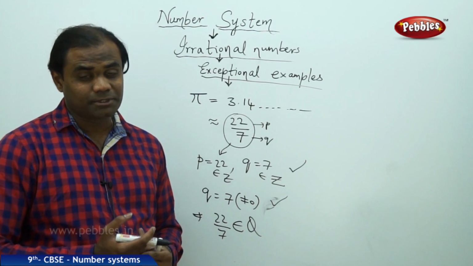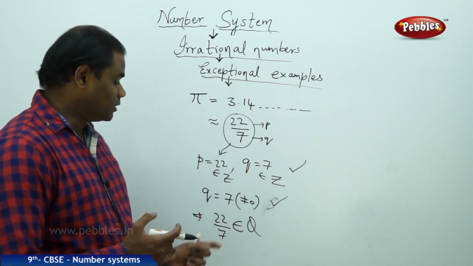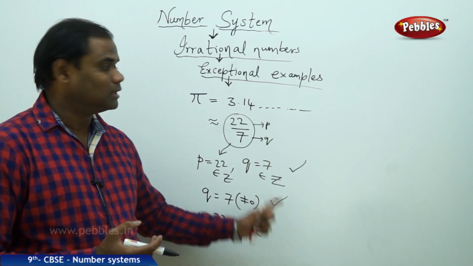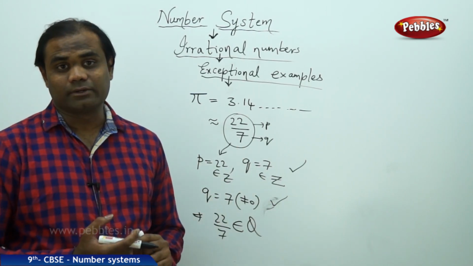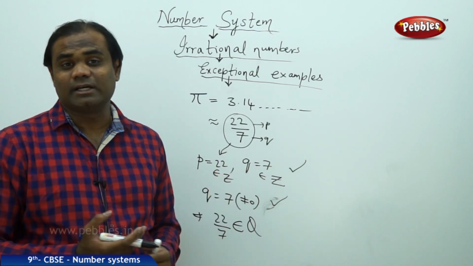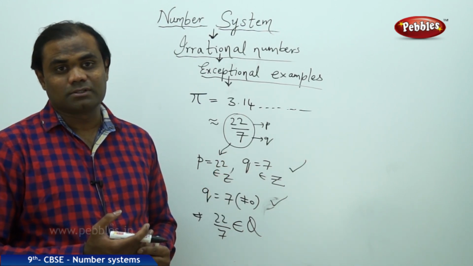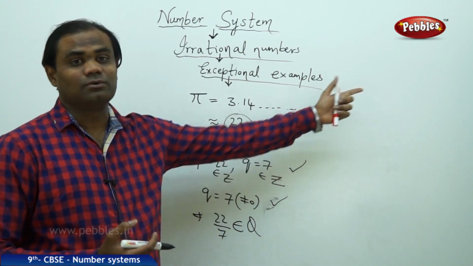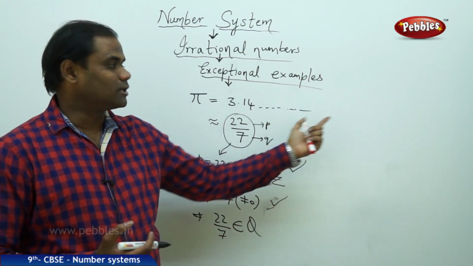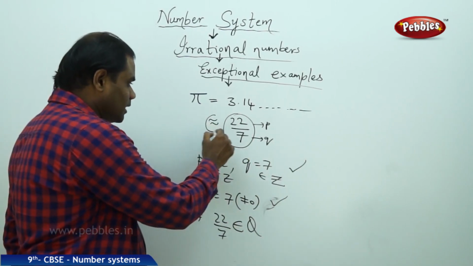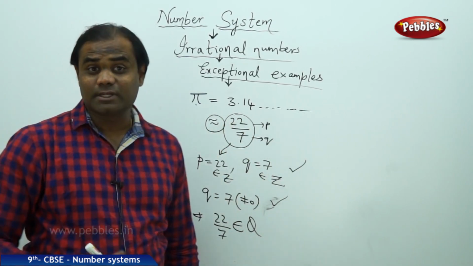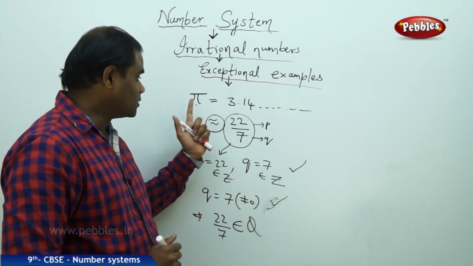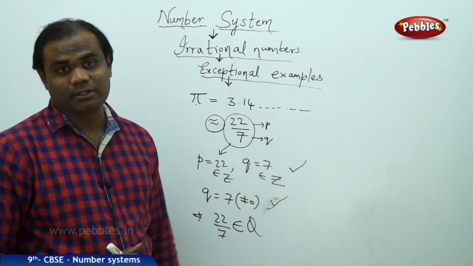But this is an exceptional irrational number. Though 22 over 7 passes the tests, that cannot make pi a rational number, because pi is a mysterious number which has its value unending. Because we cannot predict it, we only take the approximation of pi as 22 over 7, but it is not exactly equal to 22 over 7, and therefore this is not exactly a rational number.